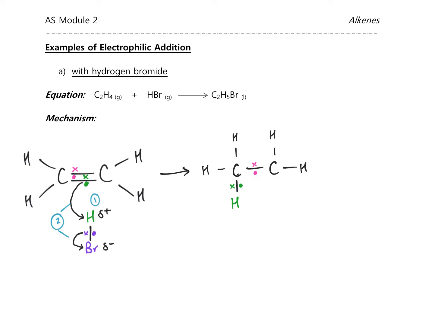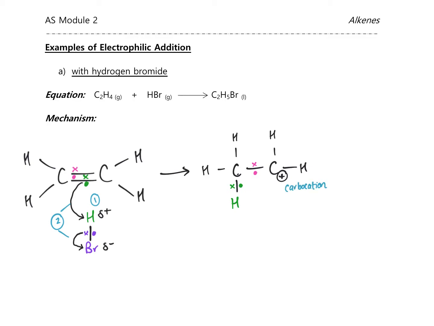But as a result of the pi bond breaking, the other carbon has lost its share of electrons. And so the other carbon ends up being positively charged. We call it a carbocation. So you need to represent that by showing a positive sign by the other carbon atom.